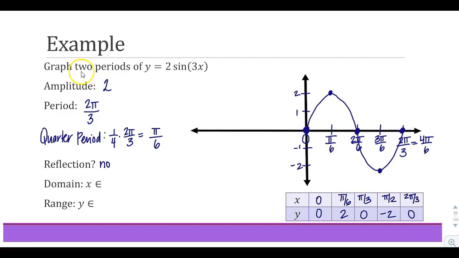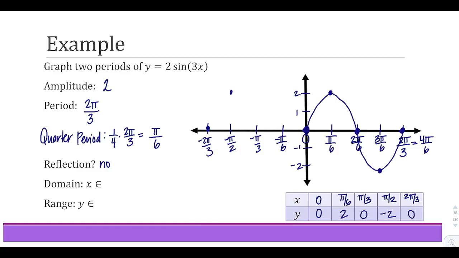So now we're going to go ahead and graph the second period. We needed 2 periods, and we're going to draw our period to the left because that's where we have space to do so. We could technically, if we had space, go to the right and draw a second period over here, but I'm going to go ahead and just work to the left. So I'm going to use all the same tick marks, but negative: negative pi over 6, negative pi over 3, negative pi over 2, and negative 2 pi over 3.